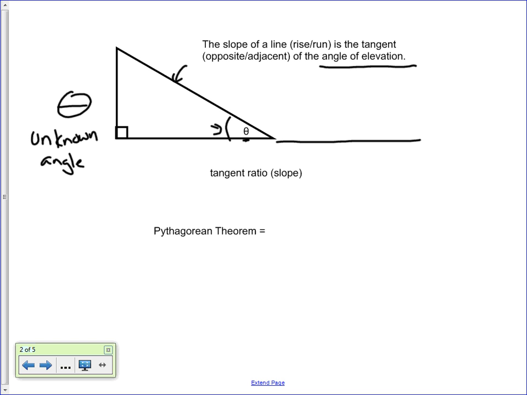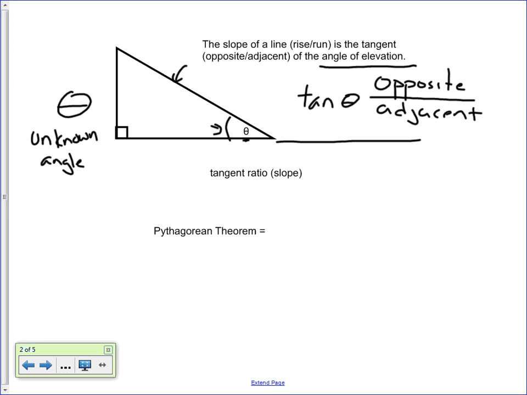I can do that by finding what's called the tangent of this angle. The tangent of some unknown angle is equal to the opposite side of a triangle divided by the adjacent side of a triangle.